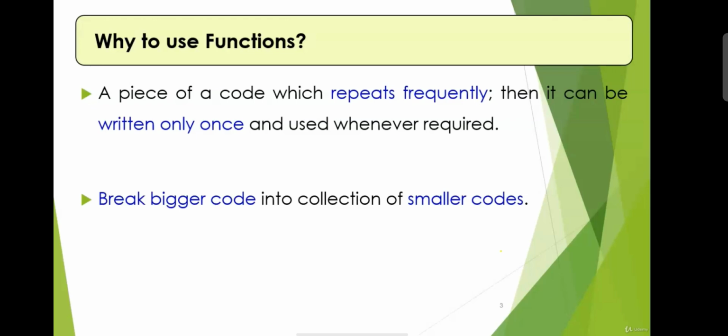Functions are also helpful to break bigger code into a collection of smaller codes. Debugging and maintenance activity is simplified due to the use of functions, because each function is performing a particular task and then we can find out the exact problem in the code.